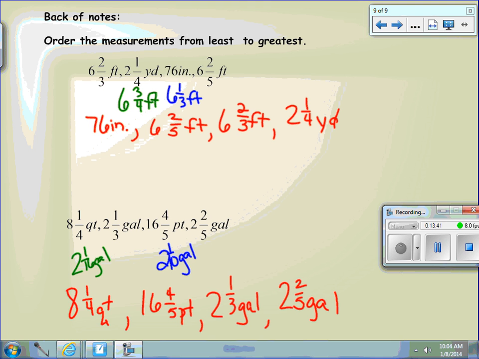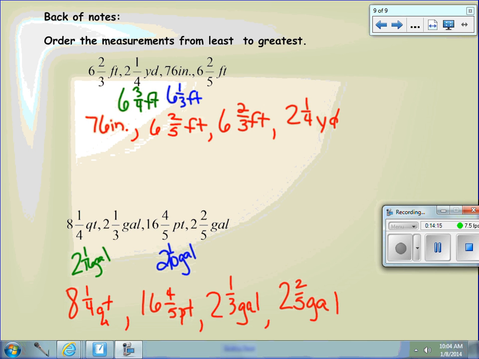Okay, again, on each of these examples, the answer is in red. We use the technique of conversion from the previous slides and then ordered them from least to greatest. In our first example, 2 1/4 yards can change to 6 3/4 feet. 76 inches can change to 6 1/3 feet. So when we compare them, 76 inches is the smallest, 6 2/5 feet next, 6 2/3 feet next, and 2 1/4 yards is the greatest.